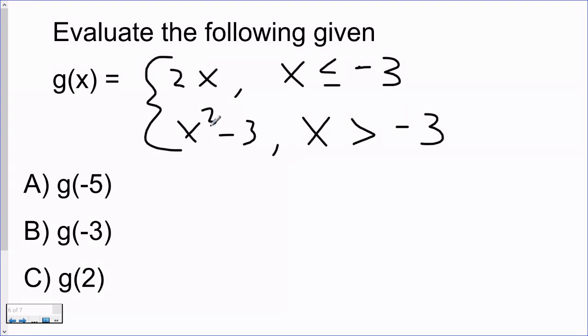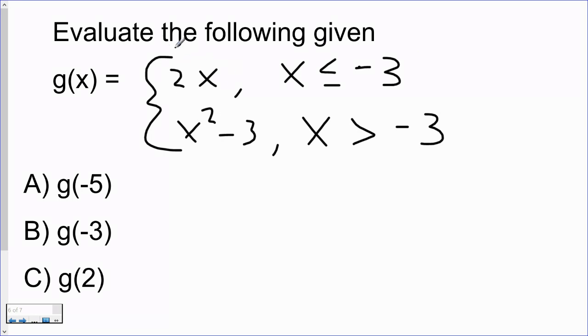First off, you need to say, which one am I using? You are not plugging them into both. So the first question is, you see this x value. Remember, we're going from g of x to g of -5, so x is -5. Is -5 smaller than -3 or bigger than -3? We know that -5 is smaller than -3, which means I'm going to evaluate it here.